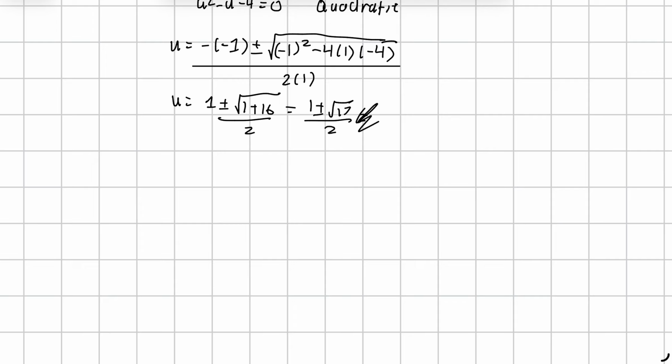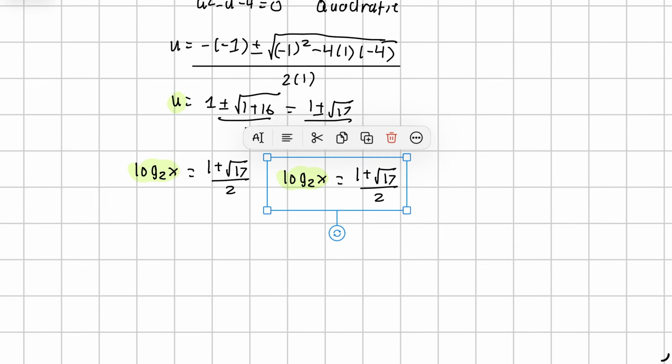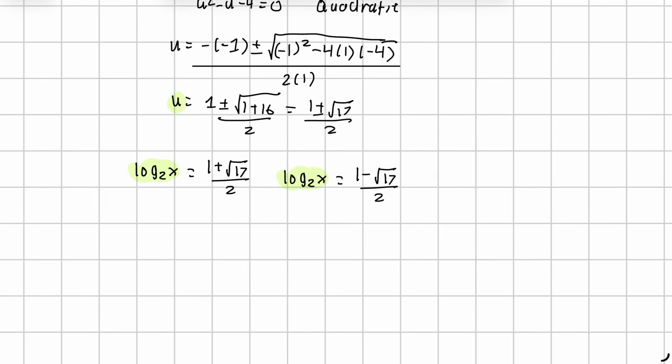And this is all equal to log base 2 of x, because we're substituting u back in with its actual value, log base 2 of x, which is what we defined u as. So we have 1 plus the root of 17 over 2, and we also have a second solution with the minus sign, because we got two solutions from our equation.